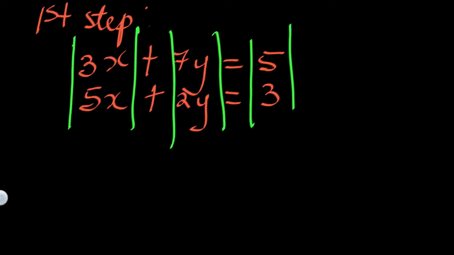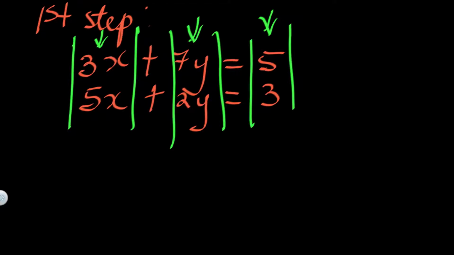So if you look at this first column, I have x's, in the second column I have y's, and the third column just has constants. That should be your first step. Make sure you write it neatly in a very organized manner and have like terms in the same column. It's a very important step. That's our step number 1.